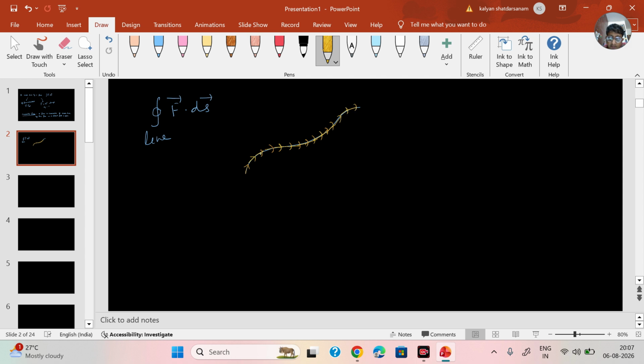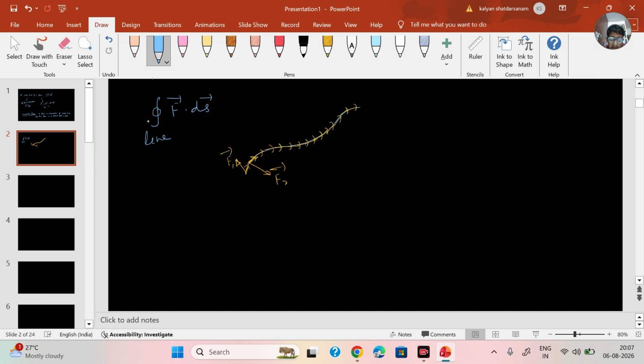For every displacement you find the value of the force. During one displacement the force may be in one direction with a certain value f1; during another, it may be in some other direction with a different value. So we are doing f1 dot ds1, f2 dot ds2, f3 dot ds3, and so on, for this path. That is called a line integral.